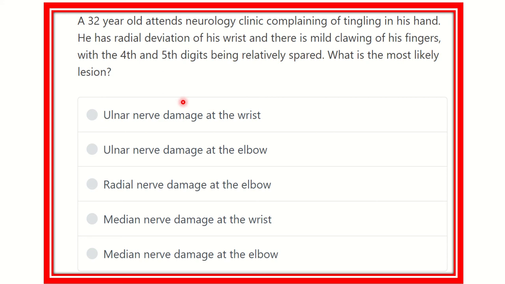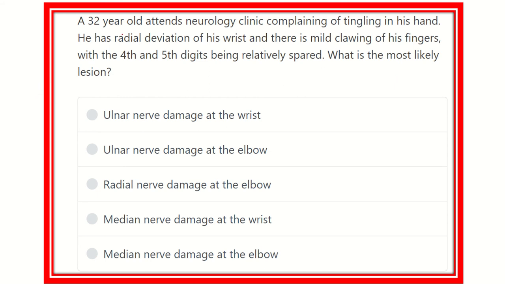Here is the question: a 32-year-old attends a neurology clinic complaining of tingling in his hand. He has a radial deviation of the wrist and there is mild clawing of his fingers, with the fourth and fifth digits being relatively spared. Which is the most likely lesion?